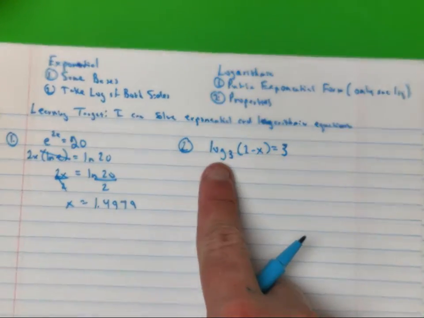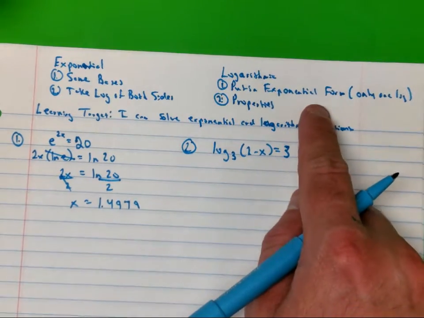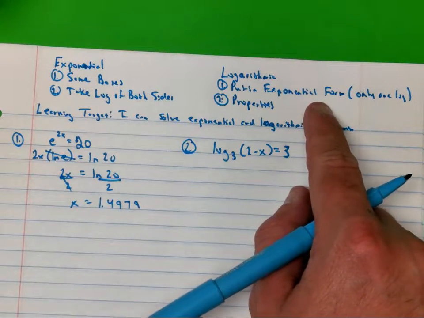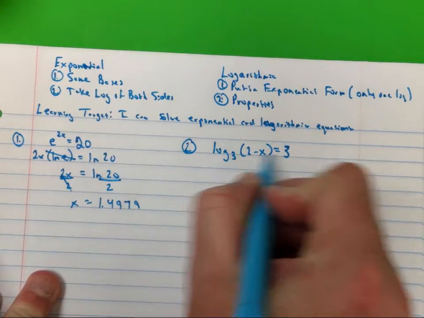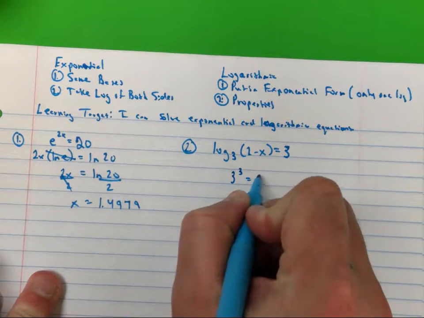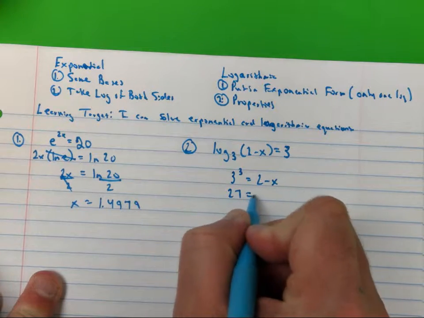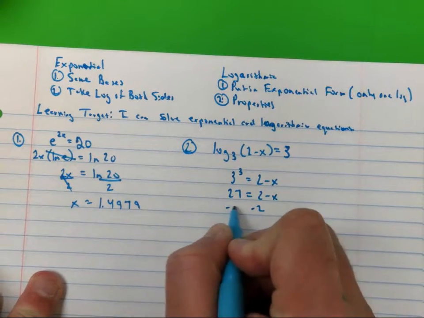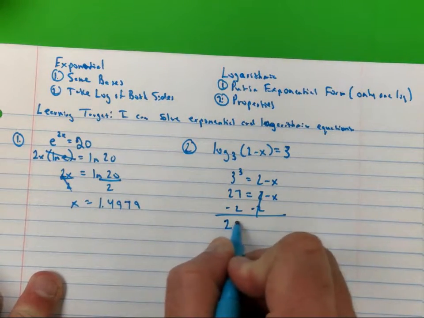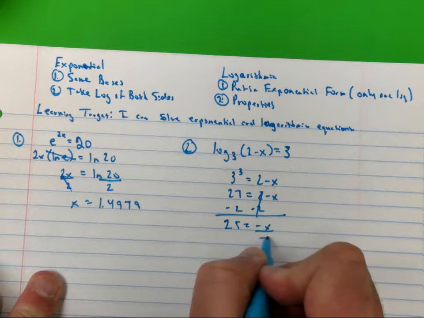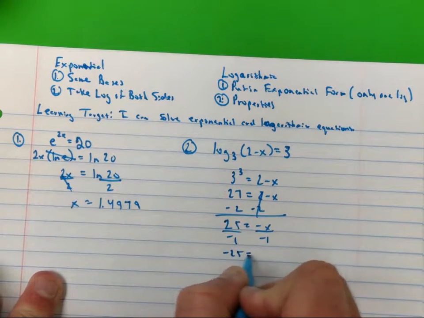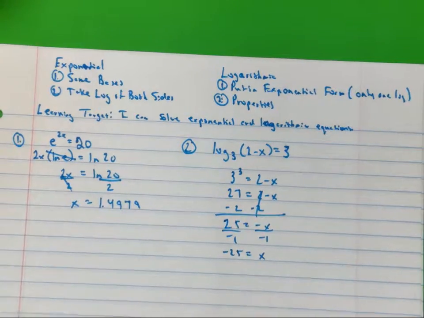Okay, there's only one log in this problem, so I can use this first toolkit strategy, put in exponential form. So we got that exponential. 3 cubed equals 2 minus x. 3 cubed is 27 equals 2 minus x. Divide by that negative 1, and negative 25 equals x.